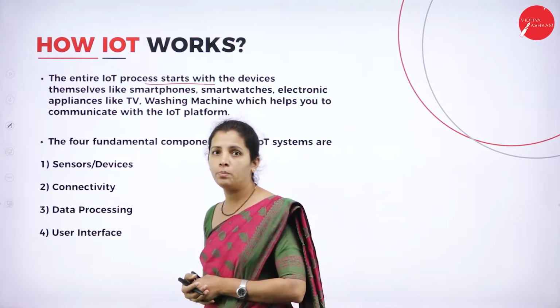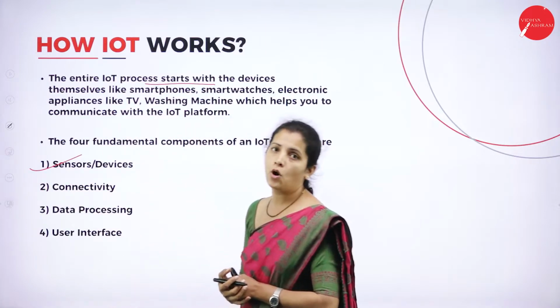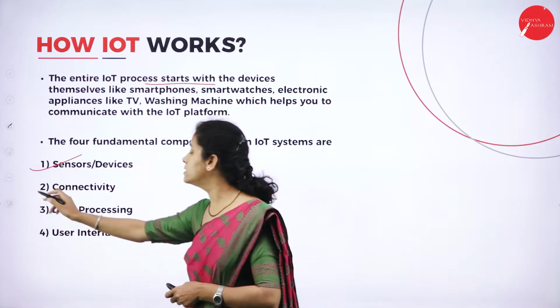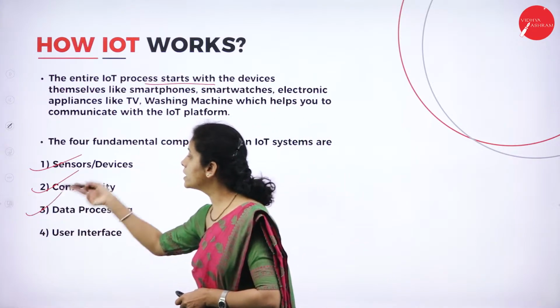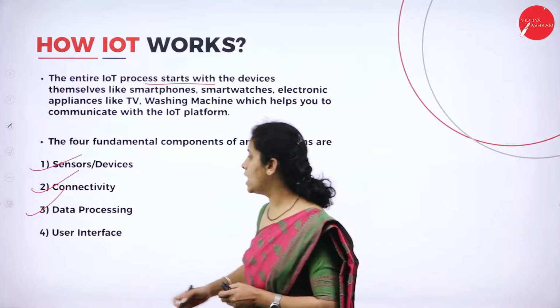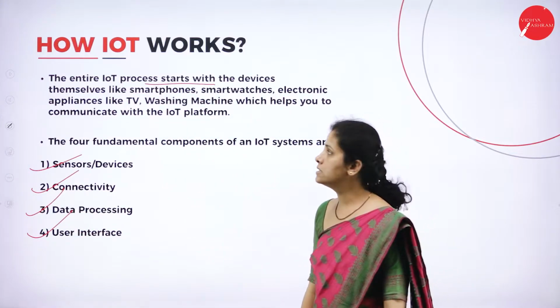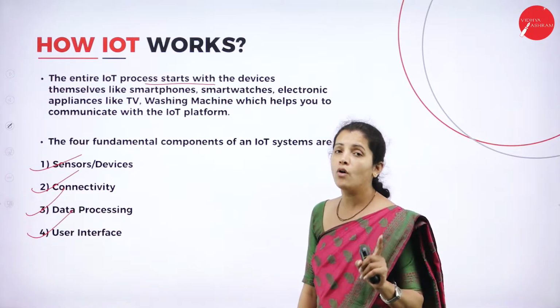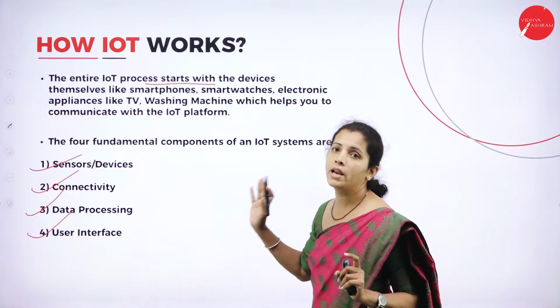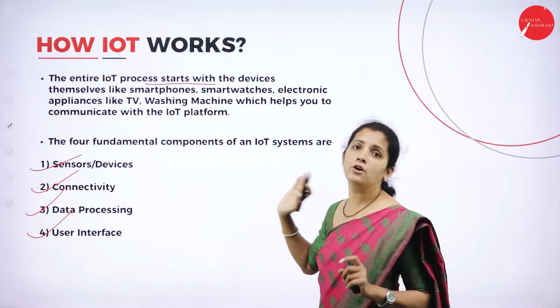So what are the components I require? I require sensors or devices. Along with that, I require connectivity, data processing, and user interface. So dear student, from the examination point of view, this is also a very important topic.